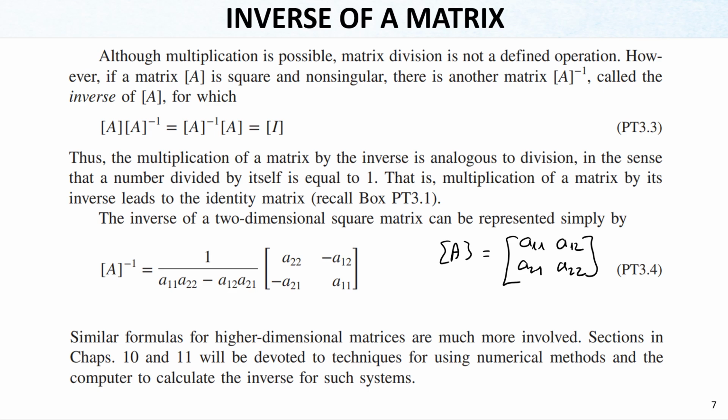So when we have the inverse, that's this calculation. Similar formulas exist for higher dimensional matrices, but those are more difficult. That's why there are more dedicated chapters, 10 and 11, for instance, to be able to get the inverse of a matrix. We will see them later.